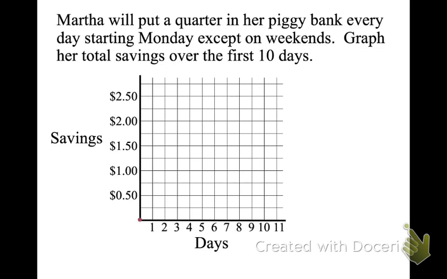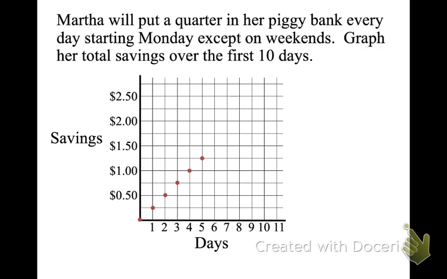And after 1 day, what does she have? 25 cents. And after 2 days? And after 3 days? 75. And after 4 days? $1. And after 5 days? And on the 6th day?